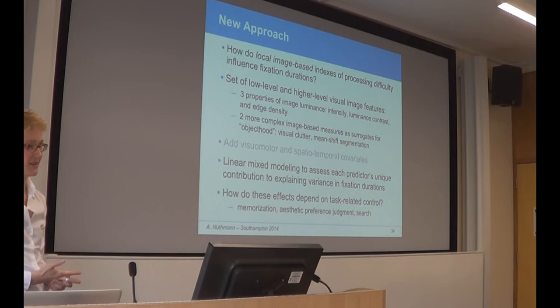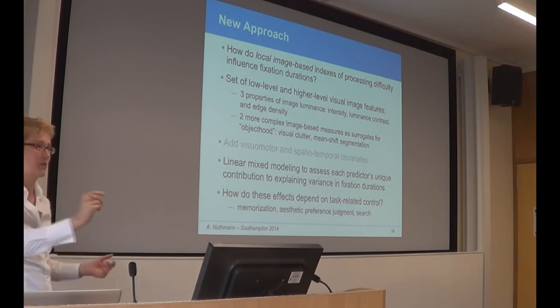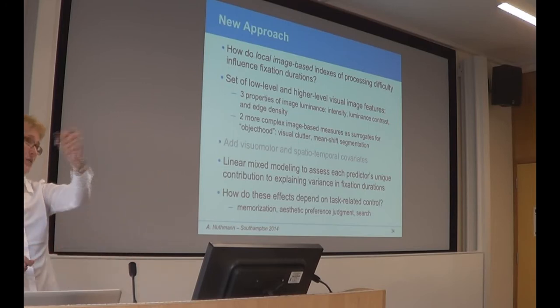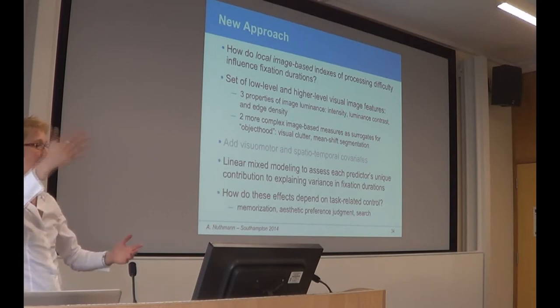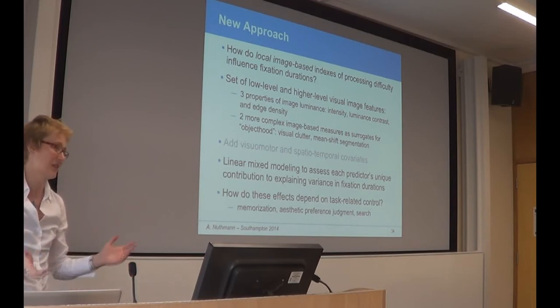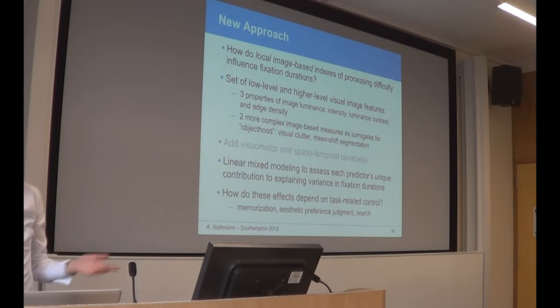And then I looked at effects over time, because we know that fixation durations get longer over the course of scene viewing. And some idea was that they kick in later in viewing, but there was really nothing. So my take on this so far is I still believe it exists, it must exist, but I haven't found the right way of testing it yet.